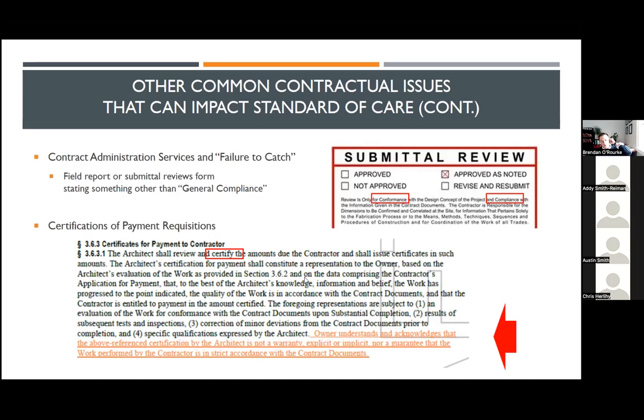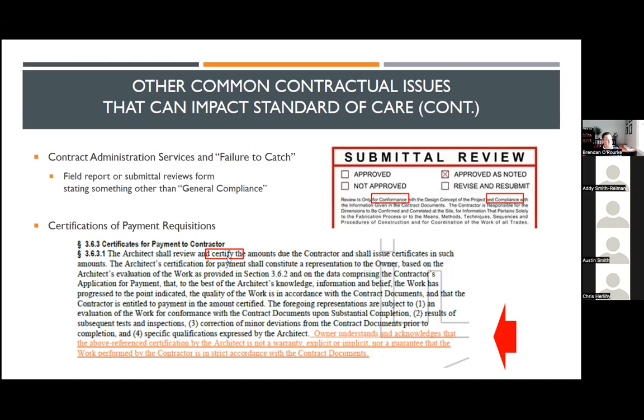I suspect other form contracts, the EJCDC documents, use the same, but I'm using this as an example here. I've had claims based on this very language about certification of payments. Hey, you as design professional approved this payment. We, as the owner, relied on you. Had you done a better job, we wouldn't have made the payment, and we wouldn't be in the position that we are today.